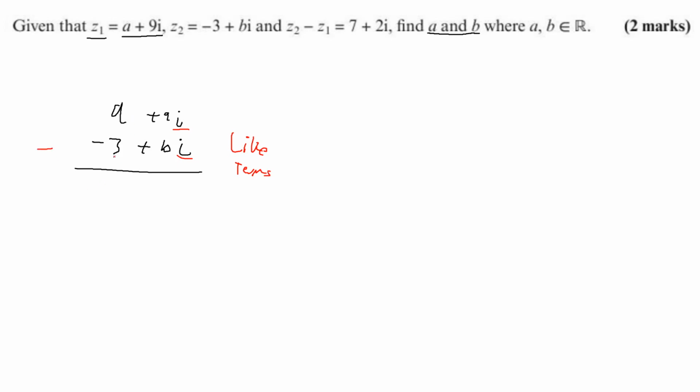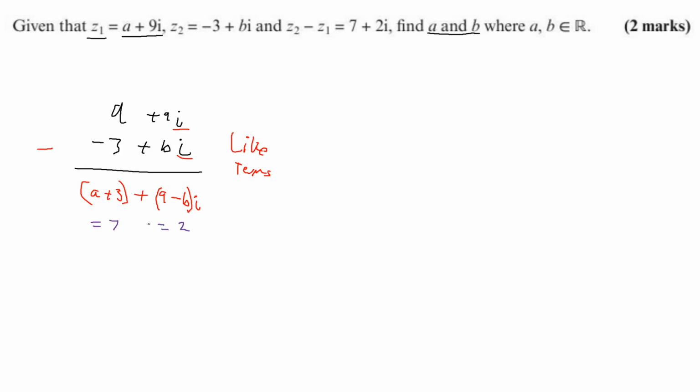So if we were to minus this, a minus minus 3 is the same as a plus 3, excuse me. And 9 minus b is 9 minus b times i, okay? And from the question, we're given that this is equal to 7, and this is equal to 2.